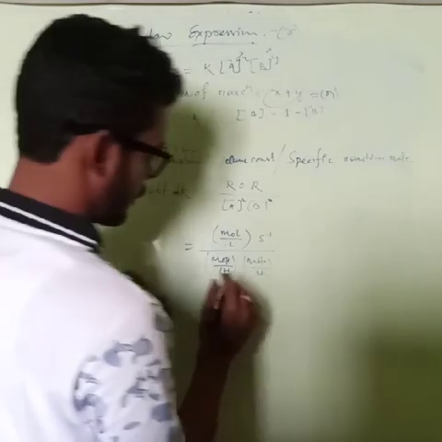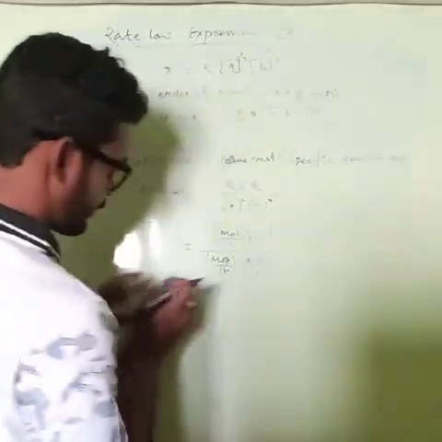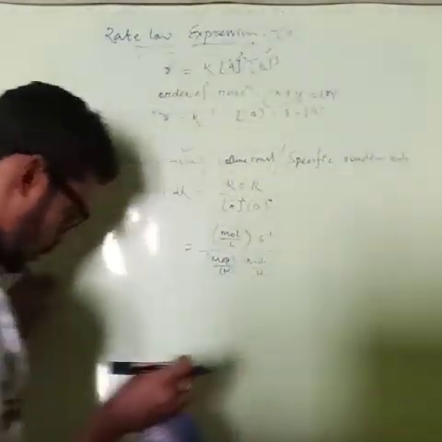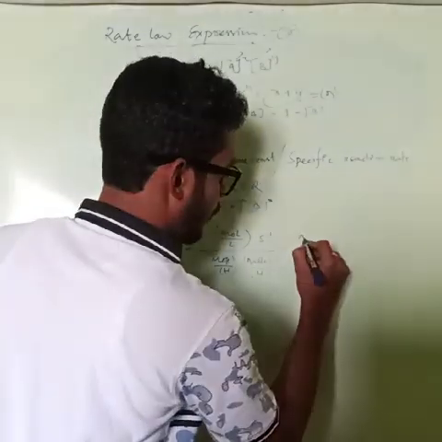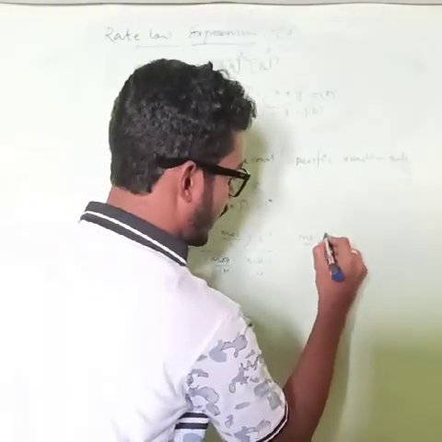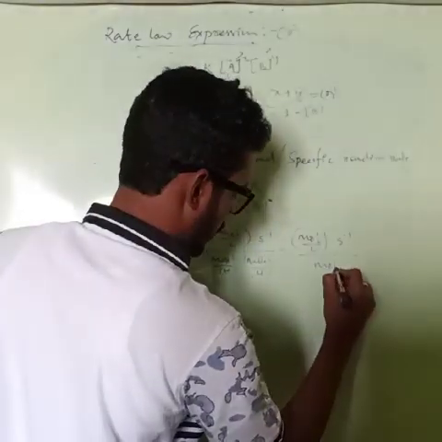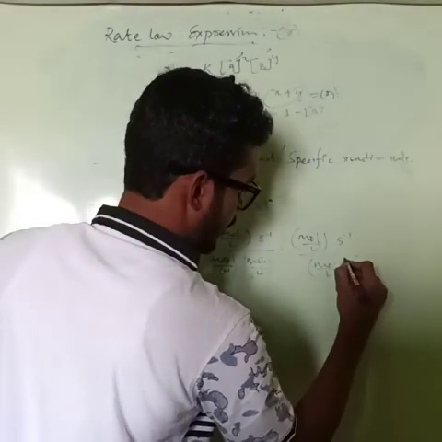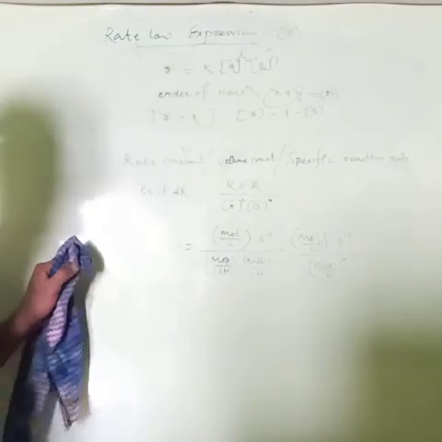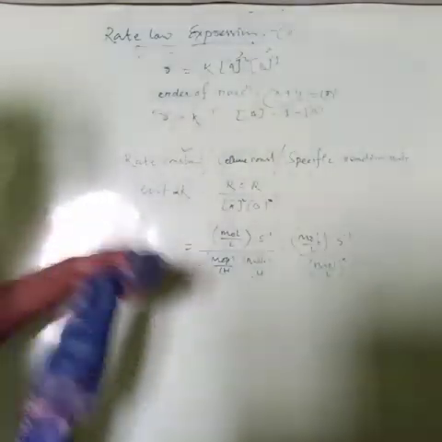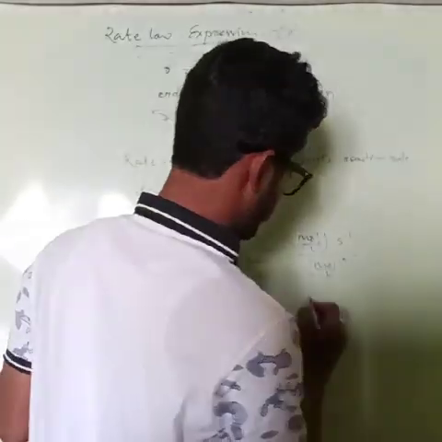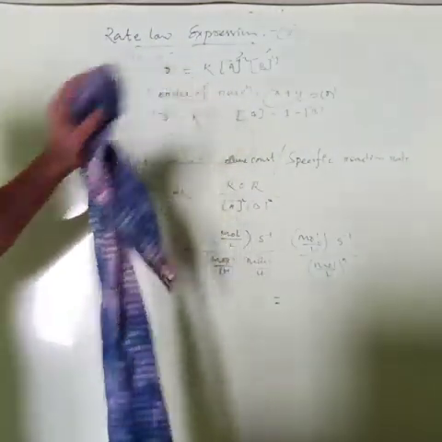So you can write this as n. If I omit it, I can write mole per liter second inverse divided by mole per liter to the power n. So what will we get? Minus n.